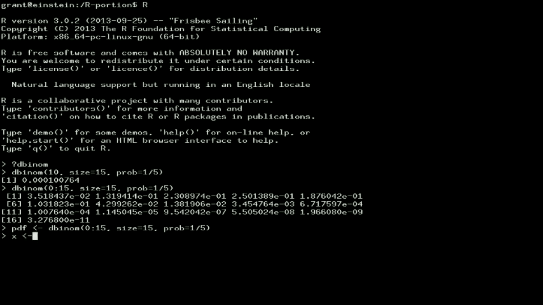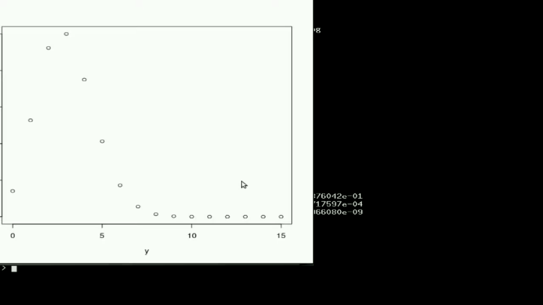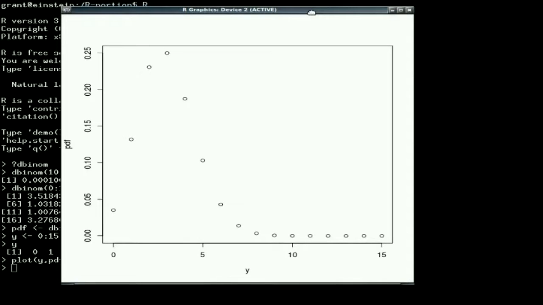Then for our output value, our sample space will just be, we'll call it Y just to be consistent. So Y being the range between 0 and 15, including 15. If we check that, yep, we got all our values between 0 and 15. We can plot the values of the density function, and we see a graph that looks something like this.